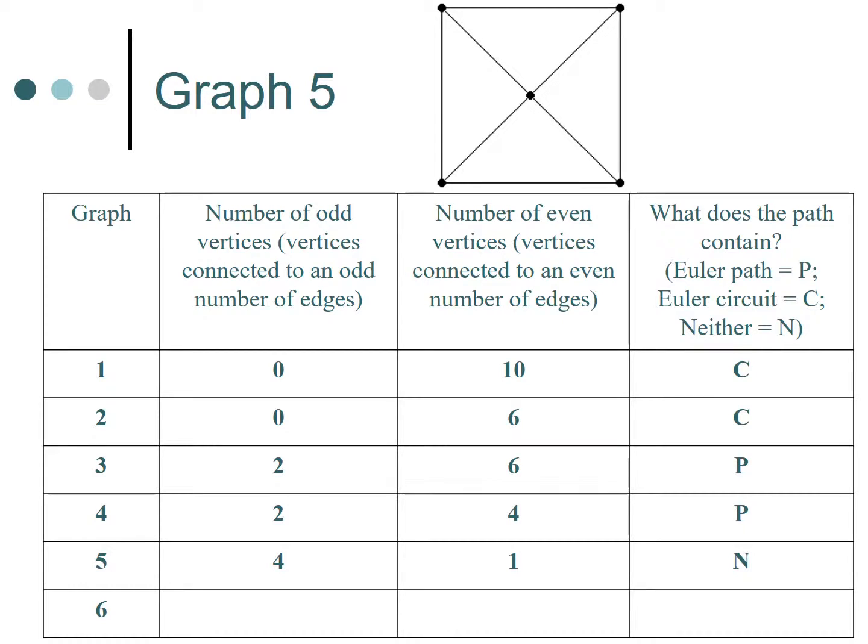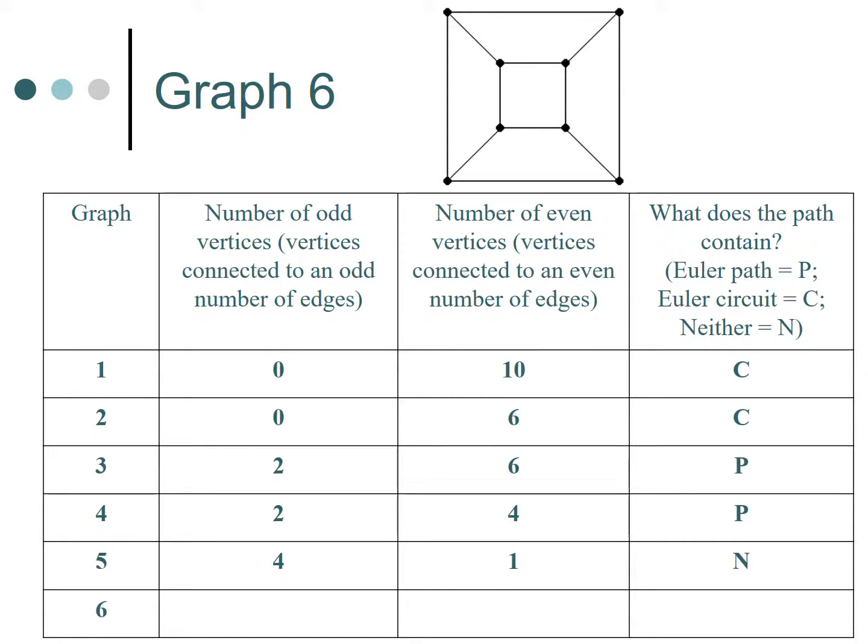So it has 4 odd and 1 even, and it's neither a path nor a circuit. Couldn't figure out how to go across each edge once and only once. To get all of them traversed, you have to lift your pencil or go over an edge twice. So it's neither a path nor a circuit.